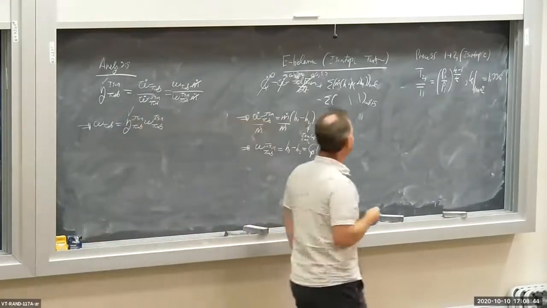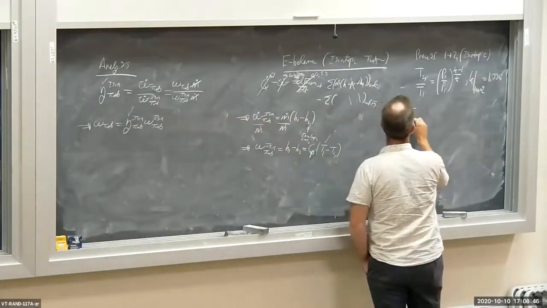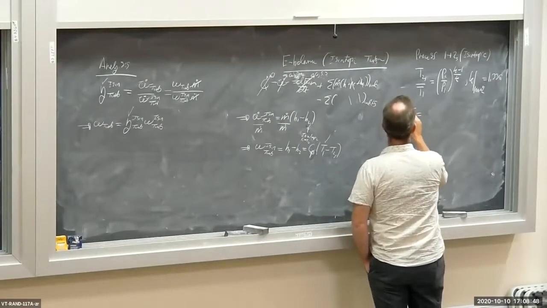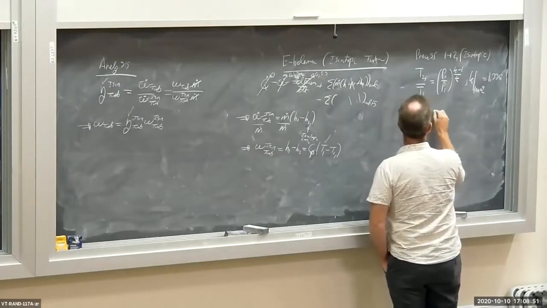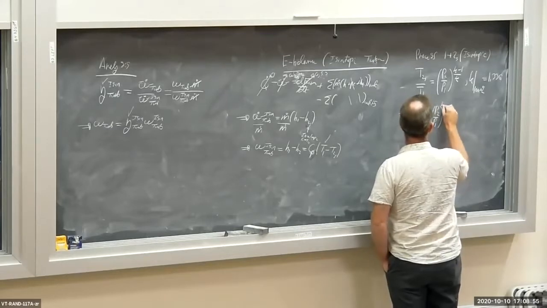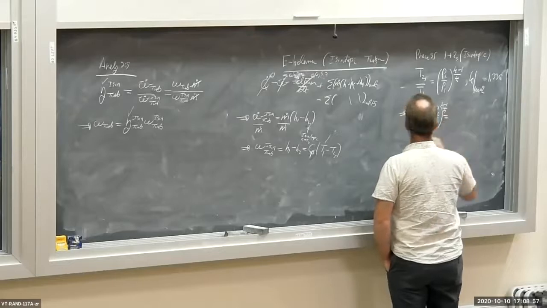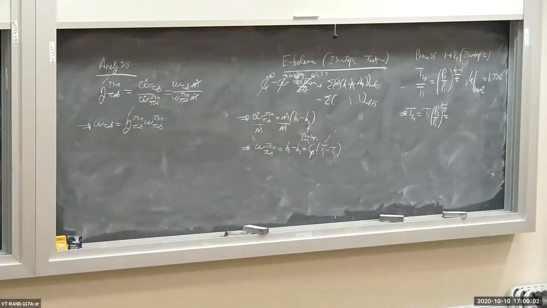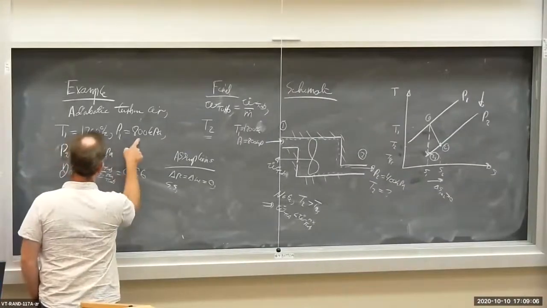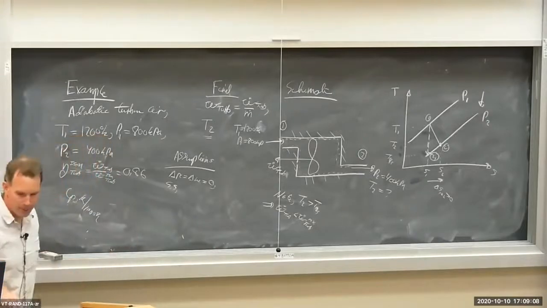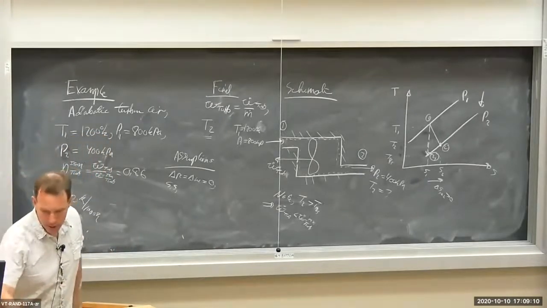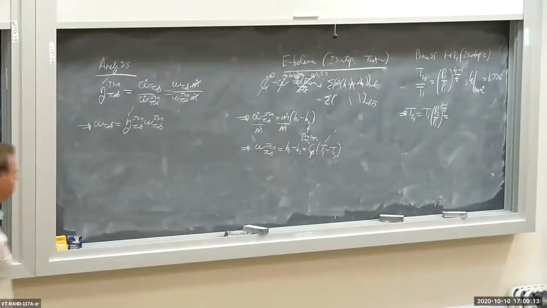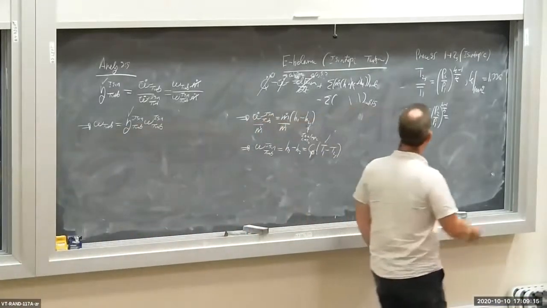All right, let's calculate T2 sub S. That's going to be equal to T1 times P2 over P1, K minus 1 over K. T1 is 1,200 degrees, and my pressures are 800 and 400 kPa. Pressure drops through the turbine as we're extracting energy.